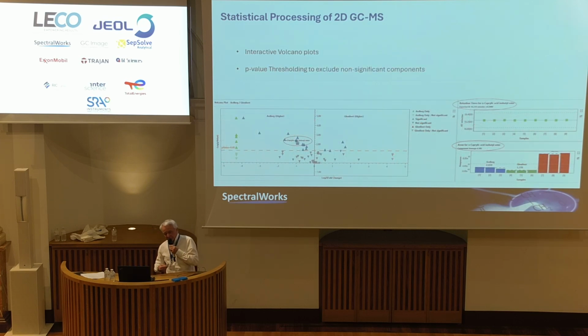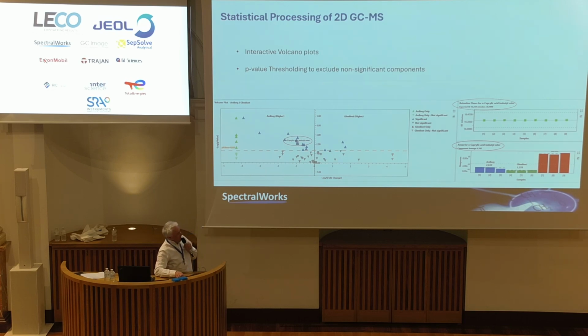Statistical processing, we can go further and start looking at our volcano plots, the probabilities that we're seeing between them. The ones in grey are not statistically significant at p 0.05. We can filter them out because they're not really going to be of interest to you.